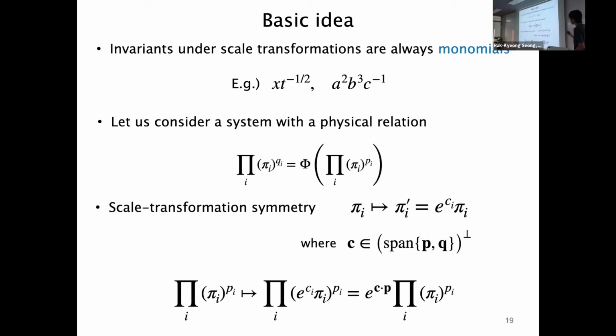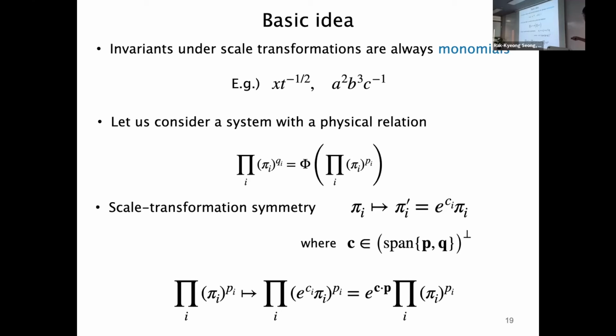The scale transformation acts on these pi variables in this way. And we can easily see that if we take this vector c from the orthogonal complement of the vector space spanned by p's and q, then it is going to preserve this physical relation.